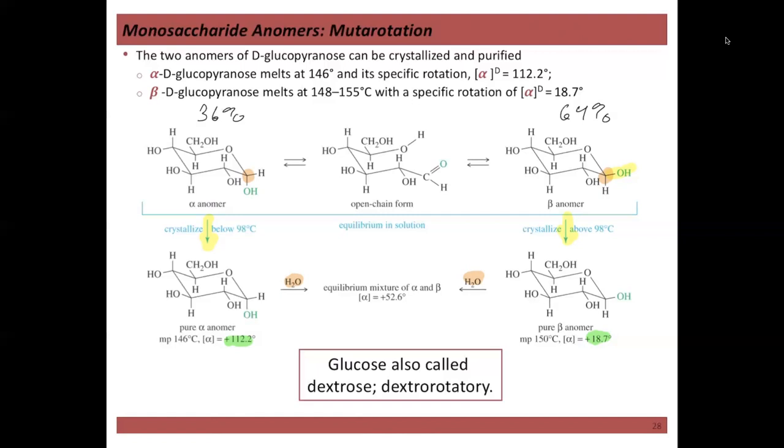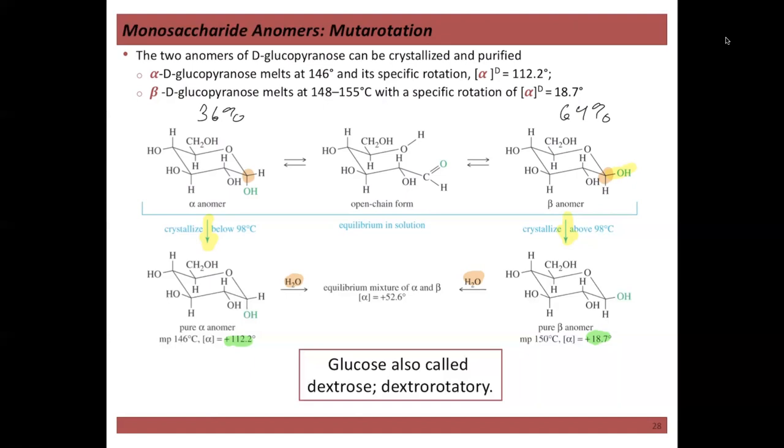Now, the relationship between these compounds, where they only have a difference at one stereocenter out of all the other possible stereocenters, is referred to as epimers. We'll talk a little bit more about epimers later, but epimers is another vocabulary term that you should know, where compounds differ only at one center of chirality out of all the other possible ones.